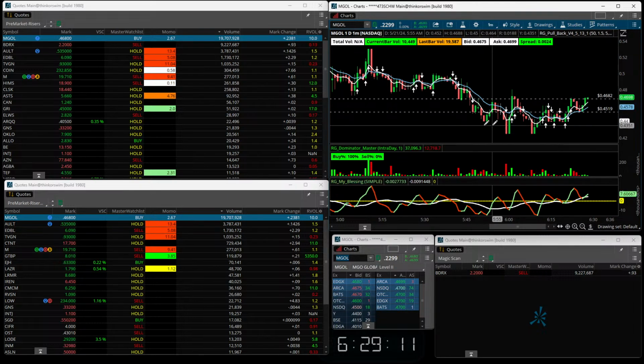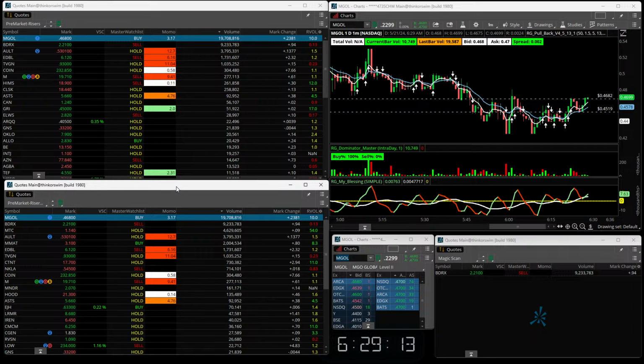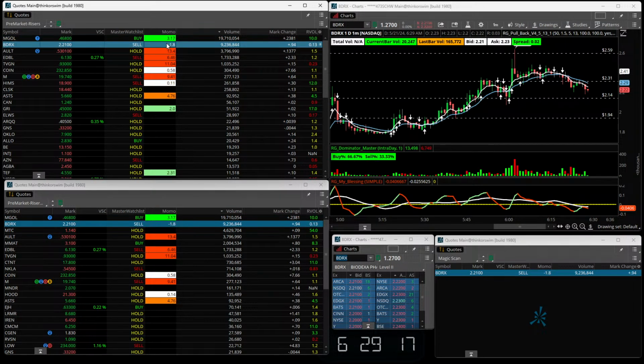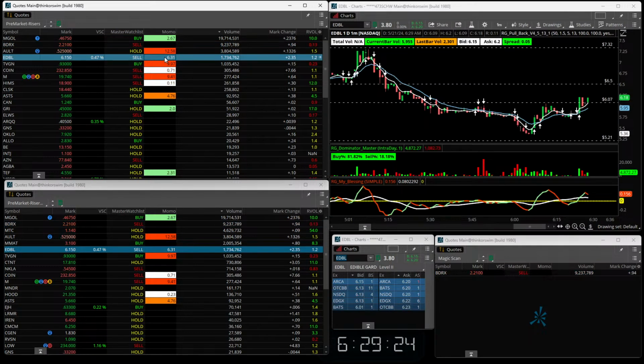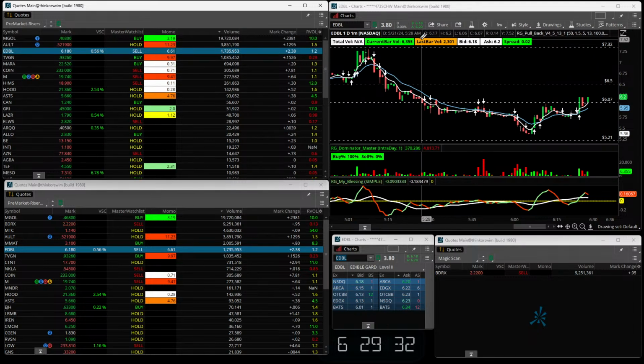And it's also a penny stock that's very unpredictable. Would like to find something in the dollars range. EDBL. Volume is really low.